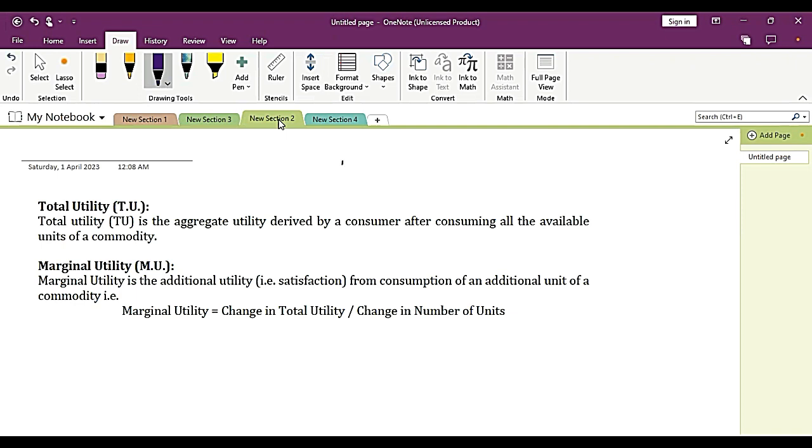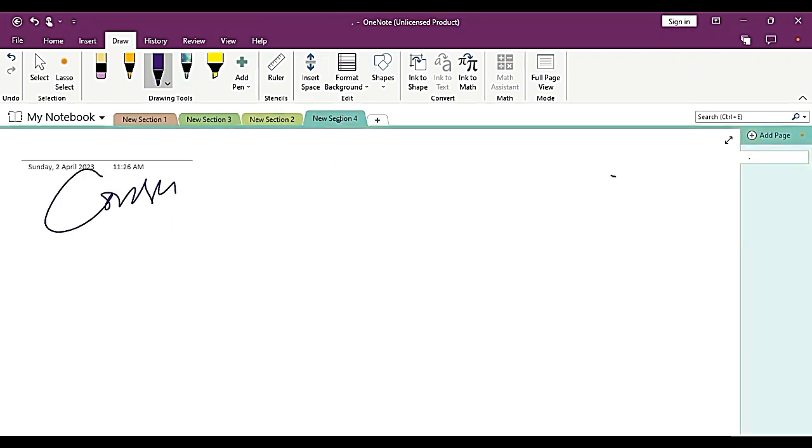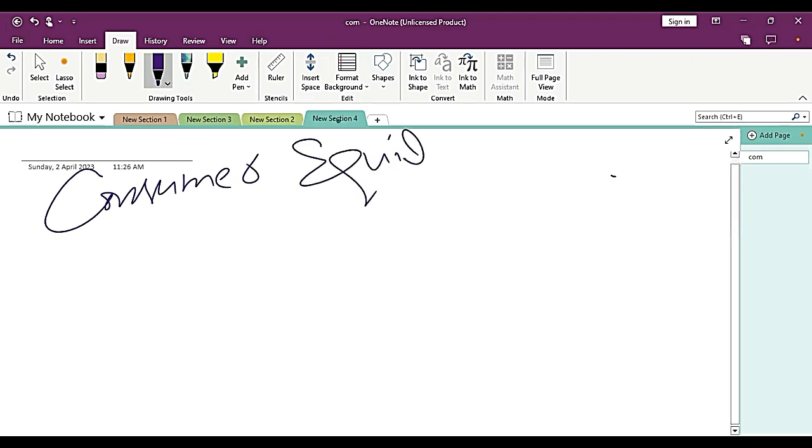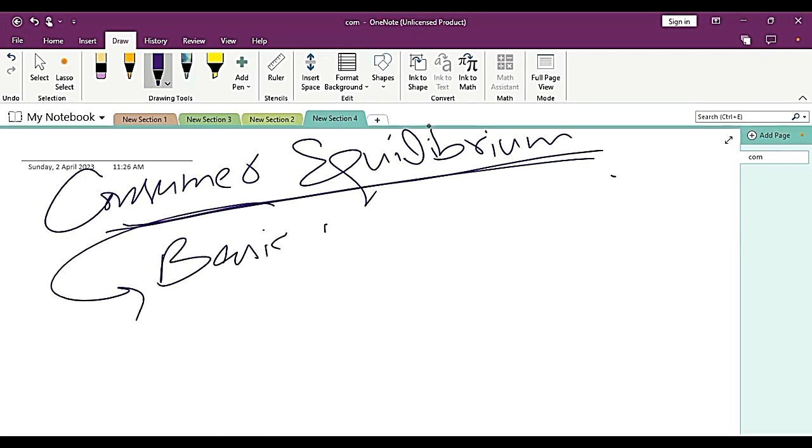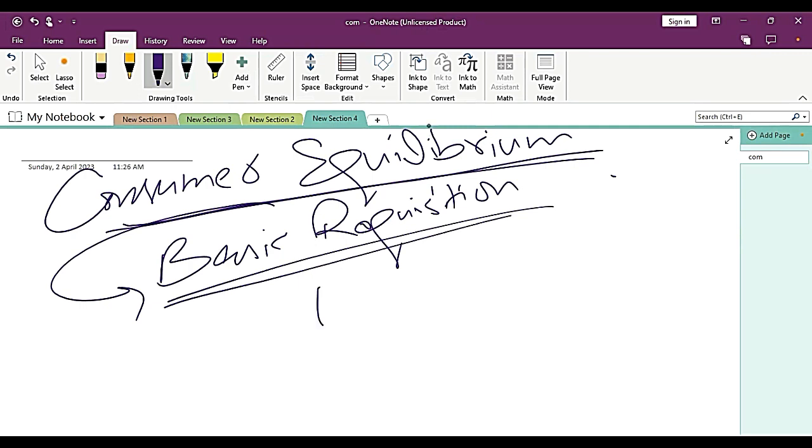I have already explained in the previous class that, in order to study consumer equilibrium, the level at which the consumer feels that his utility or requisites are being achieved, we first studied the basic requisite, that is utility.